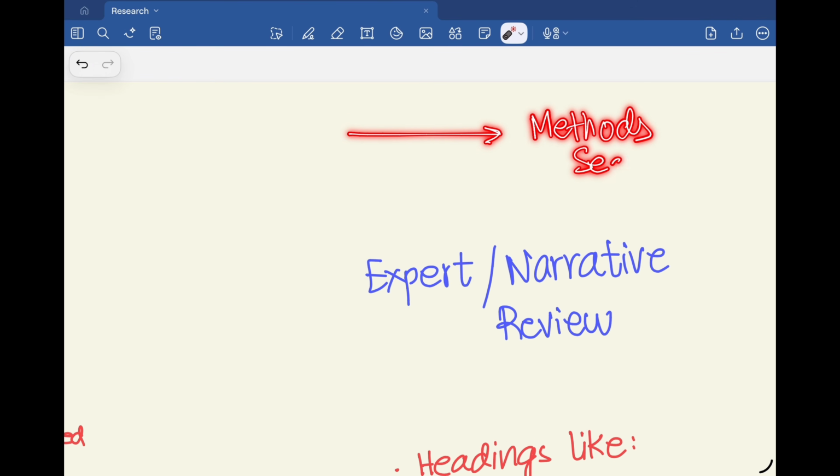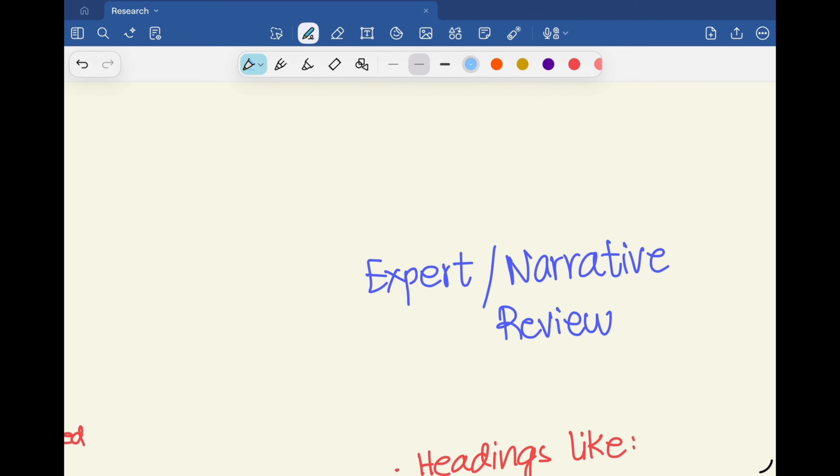Now, how would you find the method section? Because right now you don't even know the structure of a research paper. So what I want you to do is just go to the paper and look for a heading that's called methods. You may have to scroll down to find it, okay?